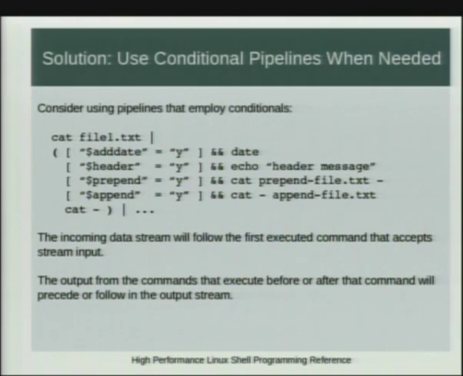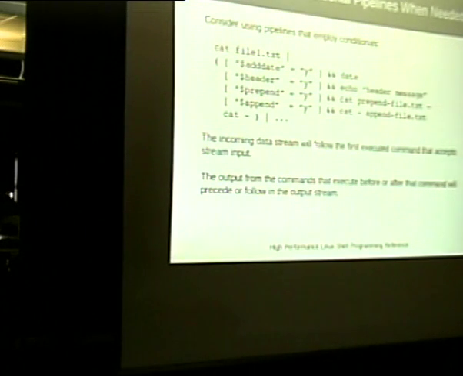And these execute at pipeline speed because, for instance, if this is a y for that variable, that means that the data is going to try to go through here, but it's not going to be able to because date doesn't accept pipe data into it. So all that's going to happen is the date's going to go out here.